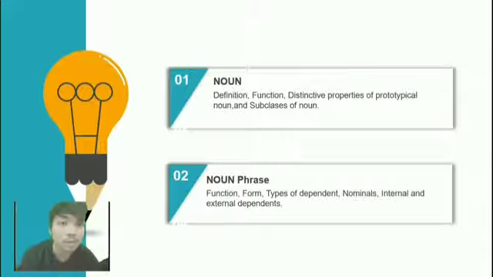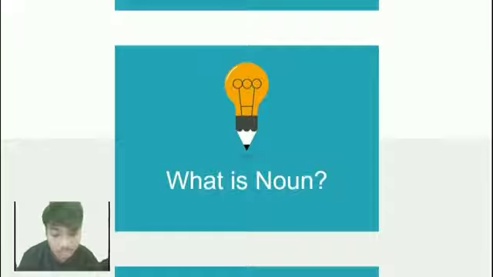And second, I will tell you about the noun phrase: function, form, types of dependents, nominals, internal and external dependence.